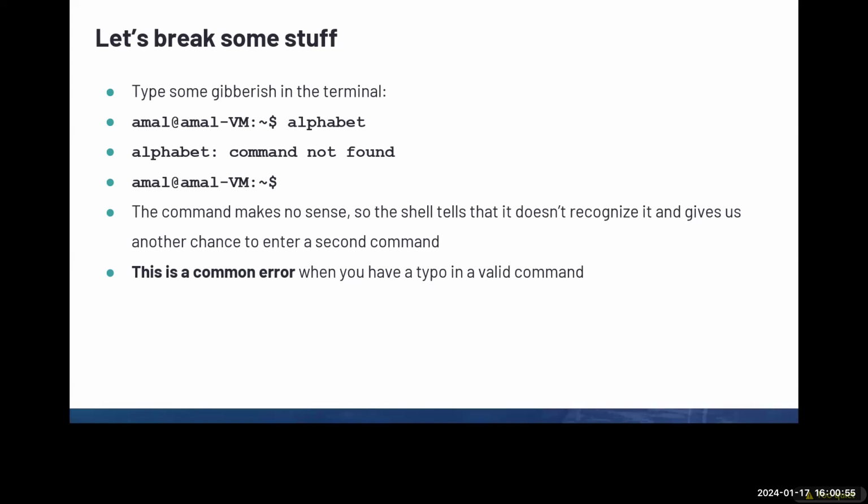If we type alphabet, we see command not found, because there is no predefined command like this. The shell tells us it doesn't recognize it and gives us another chance to enter a second command. This is a common error when you have a typo or an invalid command.